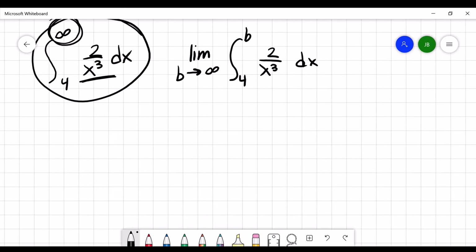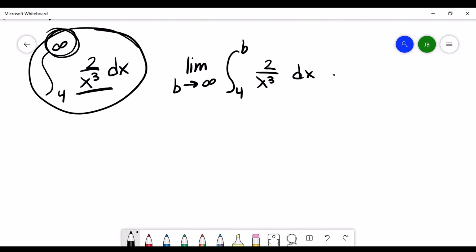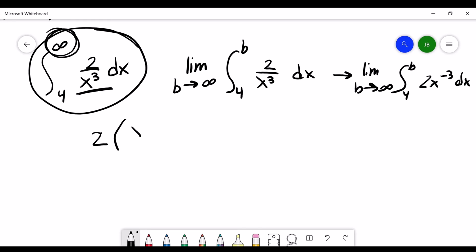Integrate. I'm just going to rewrite this so we can integrate it. This is 2x to the negative 3. Okay, now let's integrate. So when we integrate, we still have the 2, and then we have x, and we add 1 to the exponent, which makes actually negative 2.